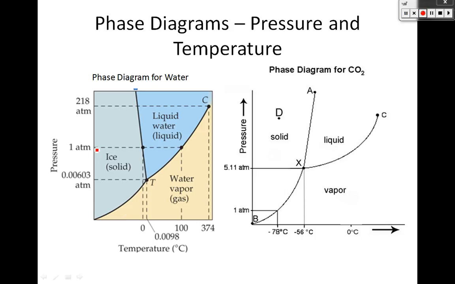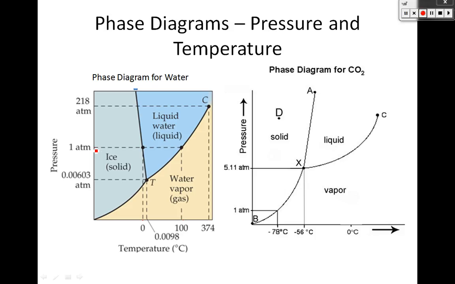And at 1 atmosphere, that is sea level. So we're about at 1 atmosphere where we are in Seattle. This is the pressure side and this is the temperature side. If you notice, this is 0 degrees Celsius and this is 100 degrees Celsius.